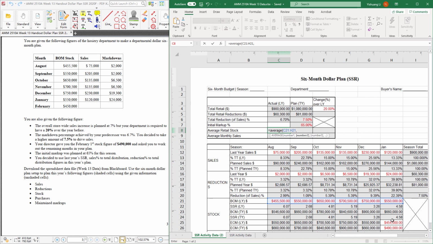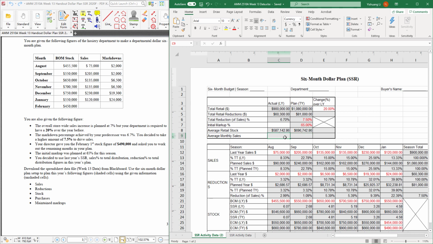The number we can find is here, the January's EOM. So we want 7 numbers to be averaged here. For this year, we also have 7 numbers. They are the BOMs of this year and also the EOM of the last month. This is the average retail stock.